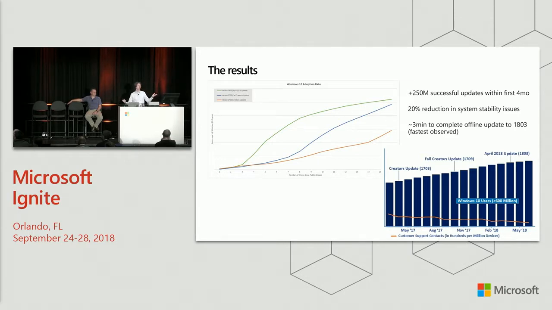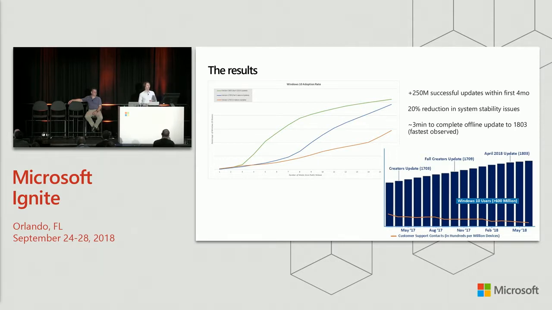And this is about a 4-month period that we're looking at here, where we're going through this machine learning model. And in the bottom, it shows our call volumes from Microsoft support, for calls or tickets that have come in that are specifically related to the new update that comes out. And the scale here on the call volume is customer support contacts per hundreds of millions of devices.